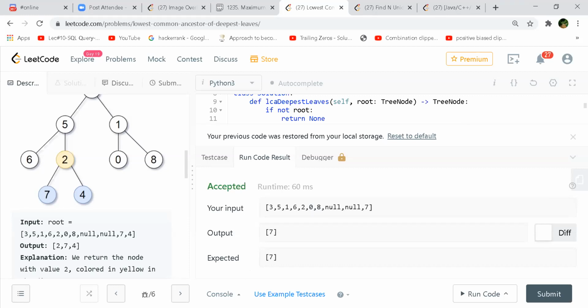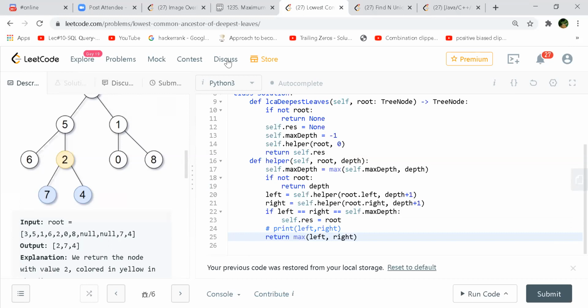This is why it is going to return 7, not the LCA. In that case, it will return the self node, if it is a single node. Oh, that is accepted. So our definition was slightly incorrect, right? Yeah.